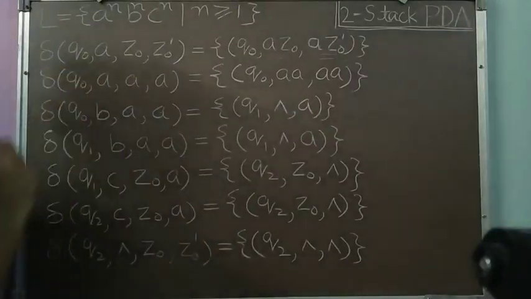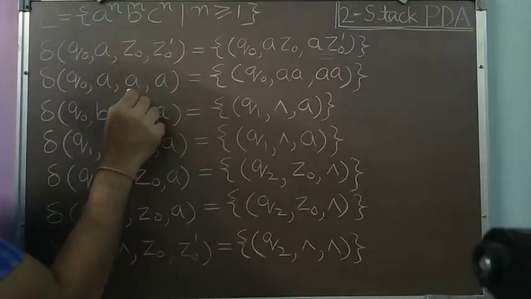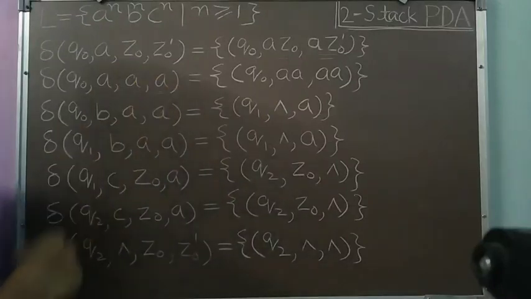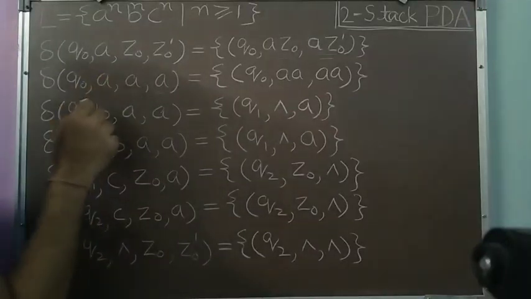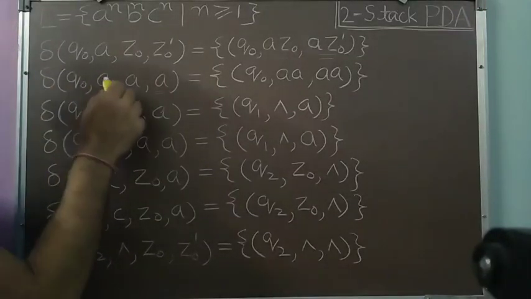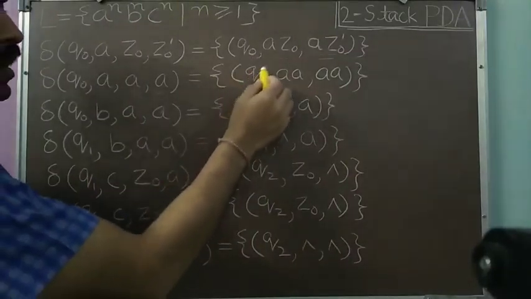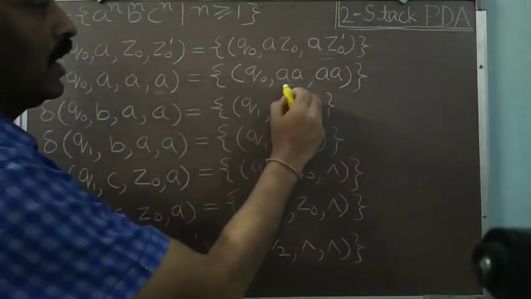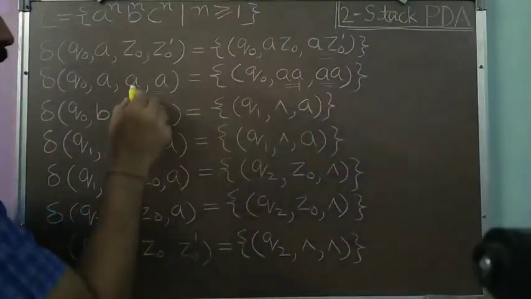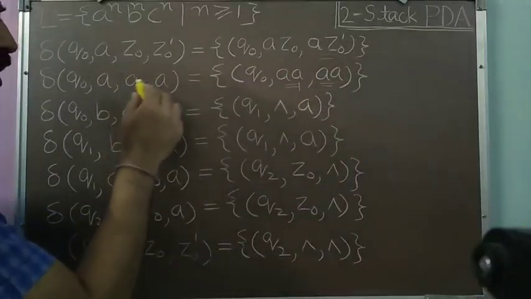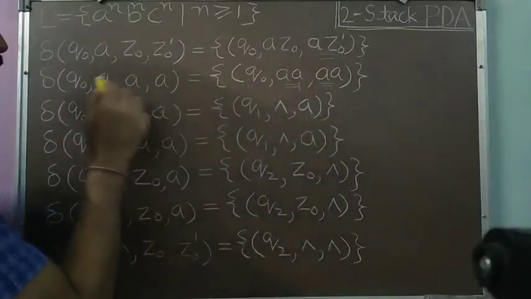Now the next situation: we are at the Q0 state itself. On top of both the push down stores there will be an A, because we have pushed A onto both, and in the input also we get an A. This second A we also have to push onto both the push down stores. So we will remain in the state Q0, and we will write AA and AA on both the push down stores. One A keeps the topmost A as it is, and the second A is the one we are pushing from the input.